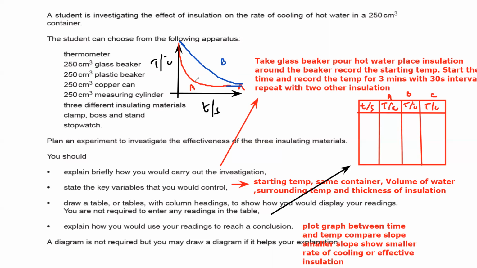A is steeper, so A has a greater angle. So A is steeper than B, which means A has faster cooling. So it is not effective insulation. B is less steep, meaning the angle is small, so it has slow cooling. That means it is a good insulation, because a good insulation does not allow the heat energy to escape.